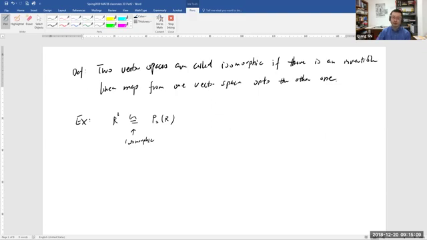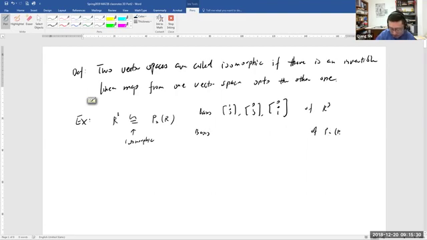If we take the standard basis, that's going to be 1, 0, 0, then 0, 1, 0, and then 0, 0, 1. This is the basis of R3. So what is the basis of P sub 2 of R? These are the polynomials of degree less than or equal to 2, so we can put 1 here, x here, and x squared here.